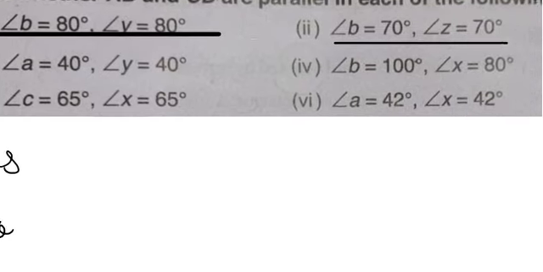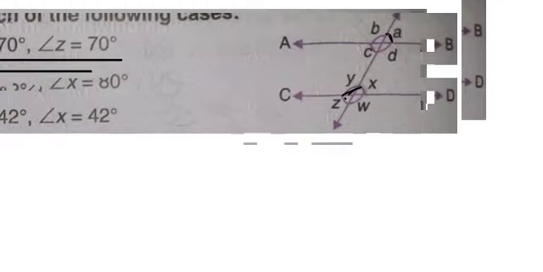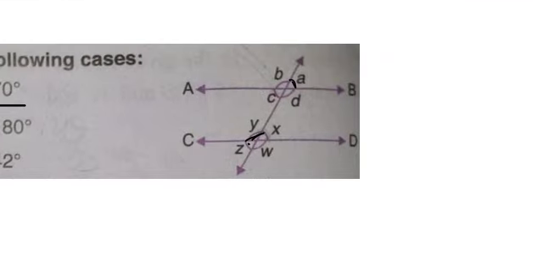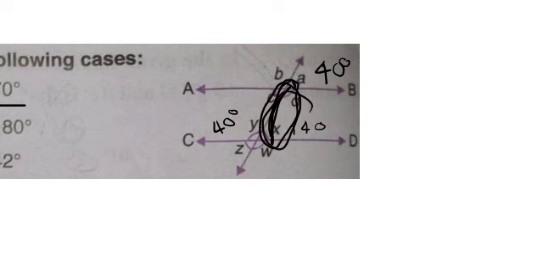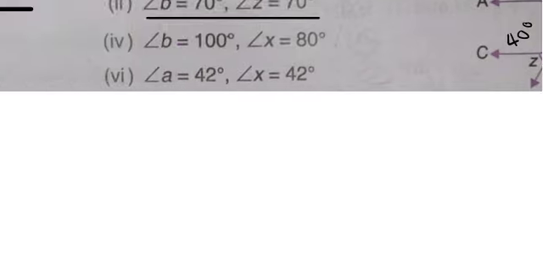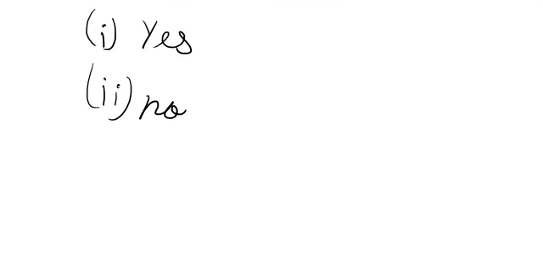Now let's find X with the measures given. So X will be 140 degrees, and A and X are corresponding angles, and you can see that they are unequal. So when corresponding angles are unequal, this means that our lines are not parallel. So for the third one also, we will write no.